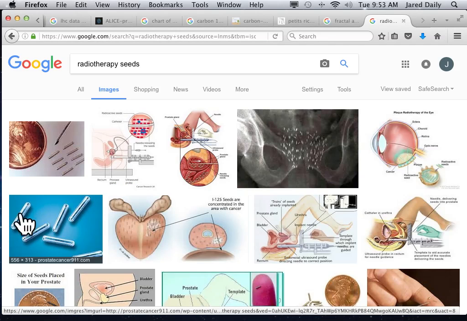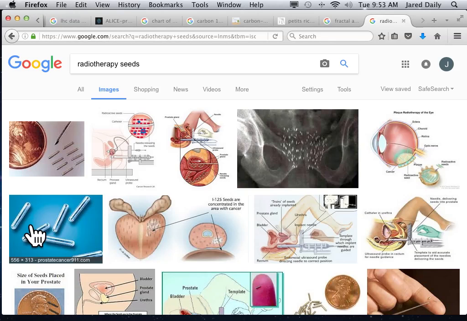These are just tiny little things, and they're made of a radioactive material that's been put in a radioactive environment, like a nuclear reactor. Thank you. My brain just turned off.